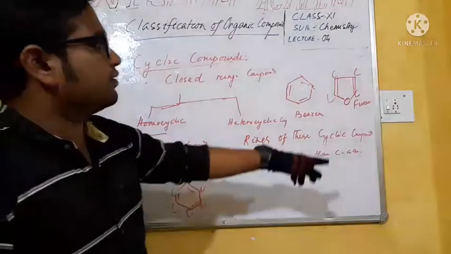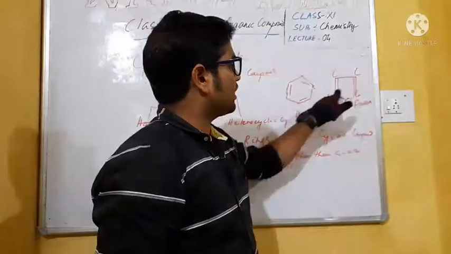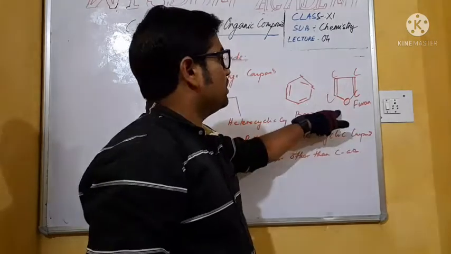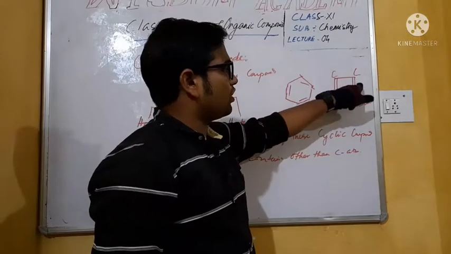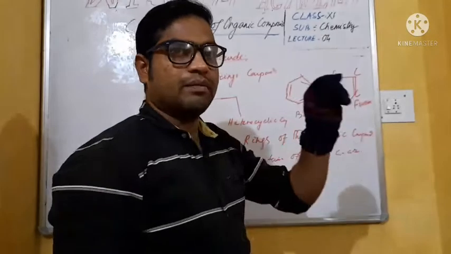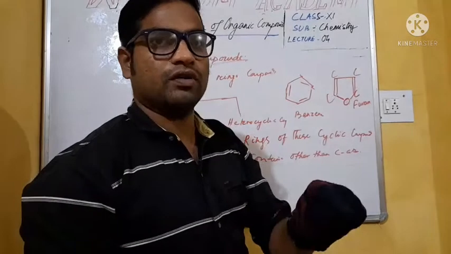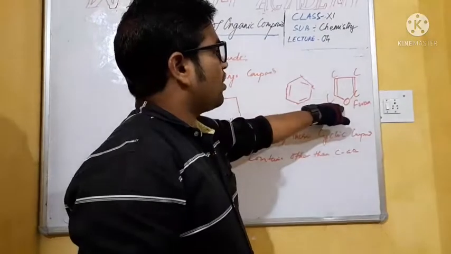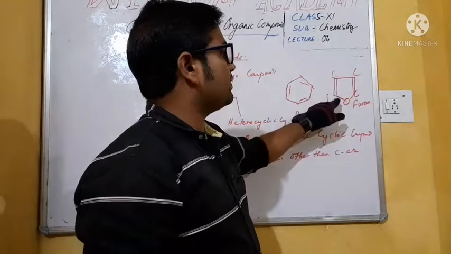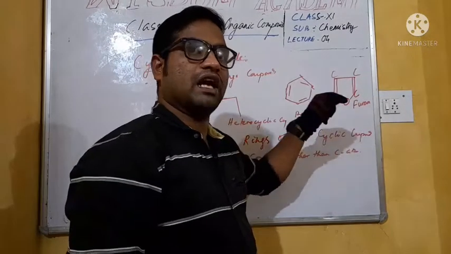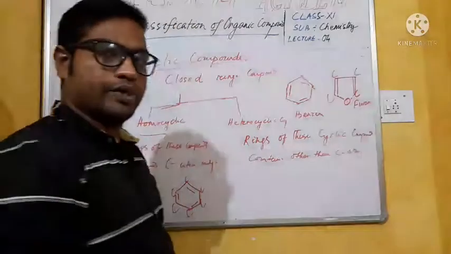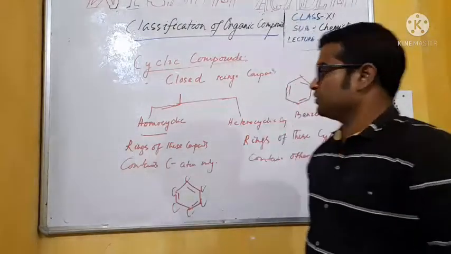In furan, there is carbon, carbon, carbon, carbon, and here only oxygen is present. So this cyclic compound is not completed by the same type of atom like carbon; oxygen is another type of atom present, so it cannot be called homocyclic, it is called heterocyclic compounds.